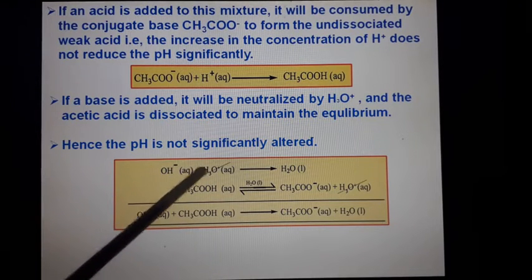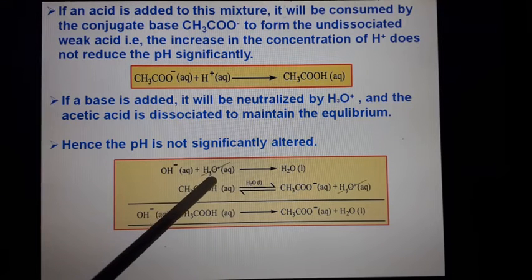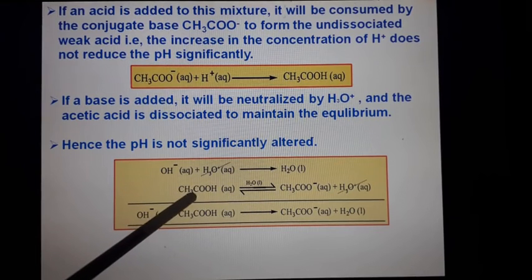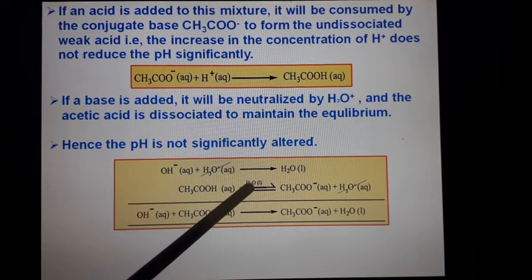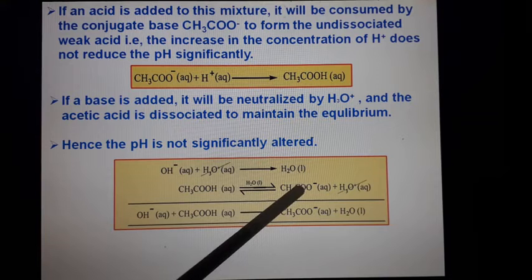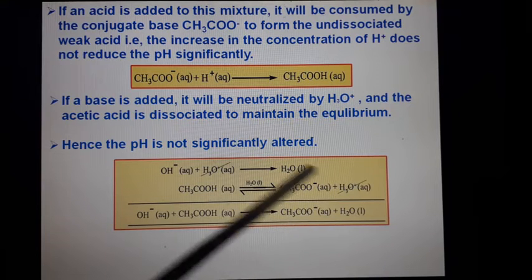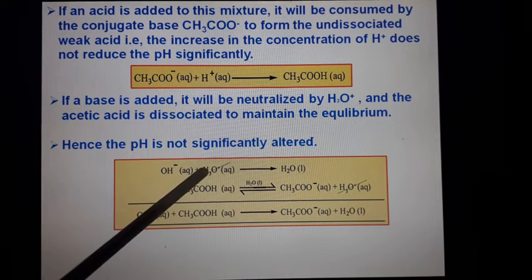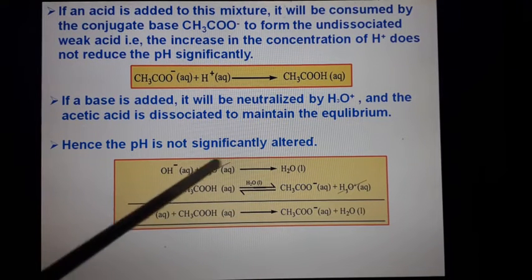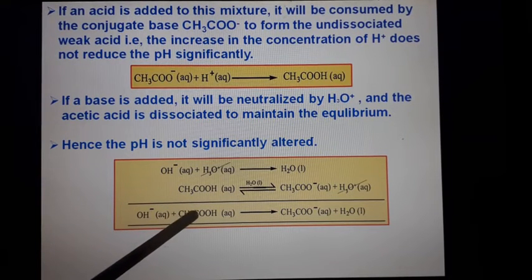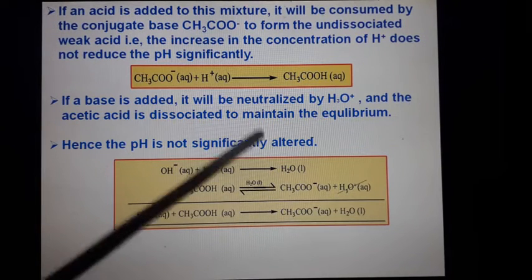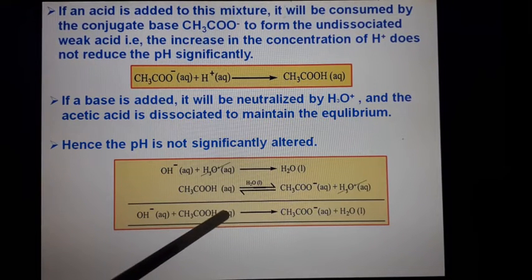Base added to H3O plus ion gives water. And then CH3COOH also gives equilibrium, CH3COO minus plus H3O plus. Adding both equations and cancelling H3O plus on both sides, we get OH minus aqueous plus CH3COOH gives CH3COO minus and H2O. This is the balanced final equation.